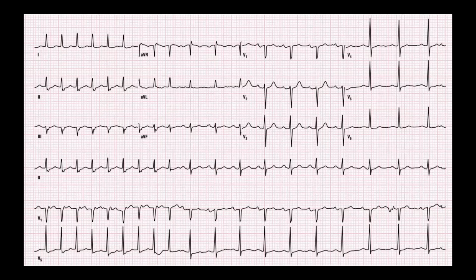There is no obvious P wave, but there is a pseudo S wave in the inferior leads, which may indicate a retrograde conducted P wave, so the diagnosis is most likely AVNRT. AVNRT. You mean this Q pseudo S? I think so.